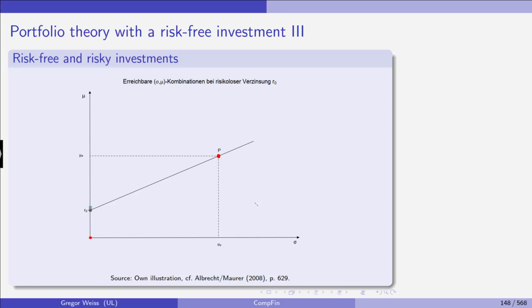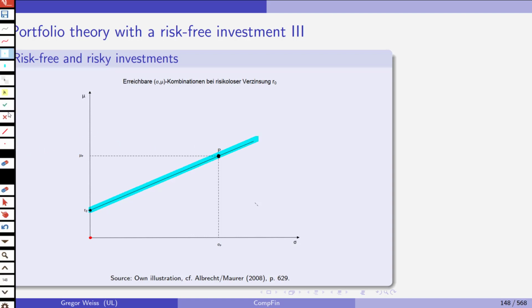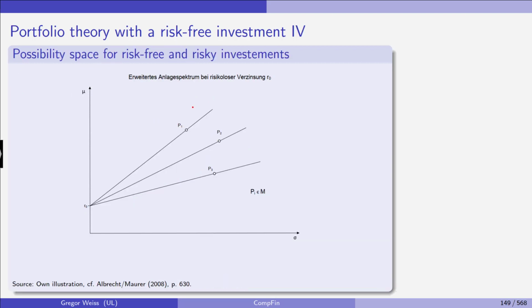You can choose any point on this line, and any point on this line is a combination of the risk-free rate and this particular portfolio. Now, if we have two different portfolios, we can have this line 1, this line 2, and this line 3.